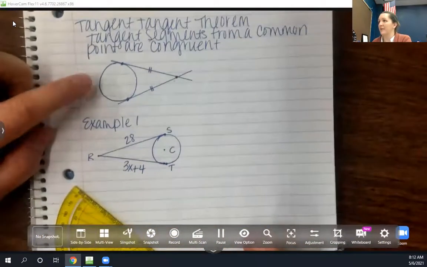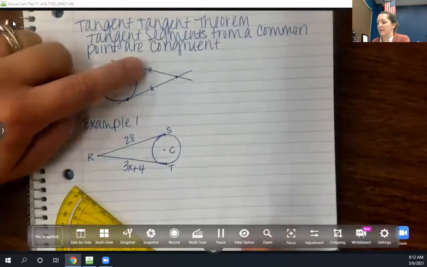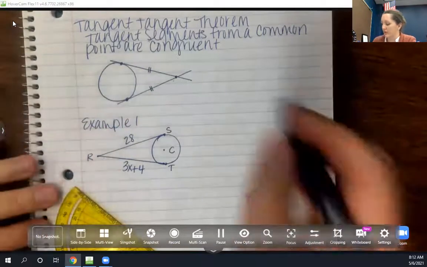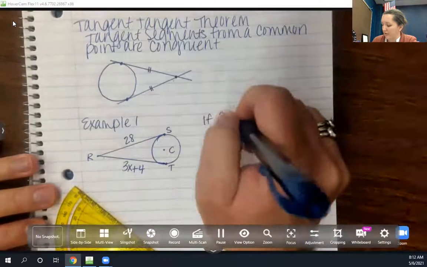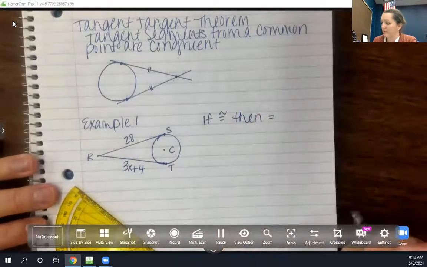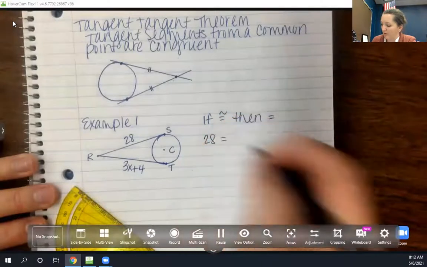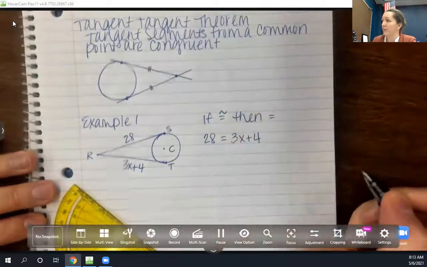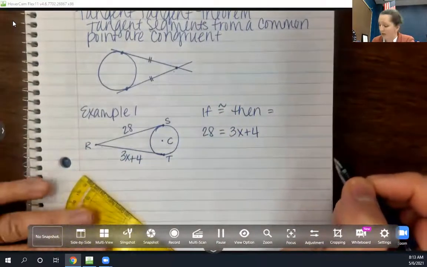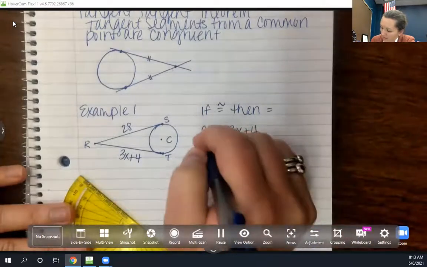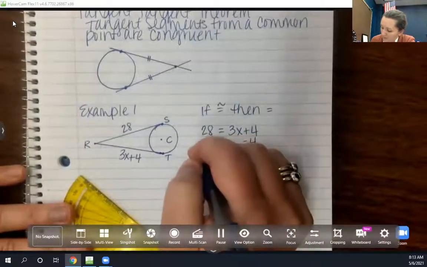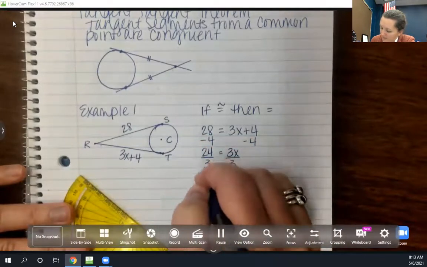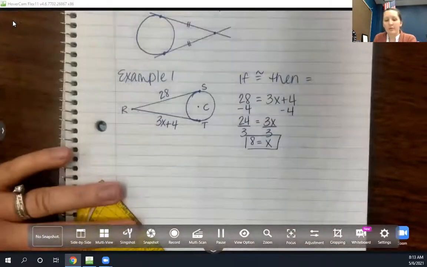Because of my tangent theorem, I know that my tangent segments from a common point are congruent, right? So if they are congruent, then they have equal measure. So that's how we can set up our equation: 28 equals 3x plus 4. Now let's go ahead and solve. If I wanted to find the value of x, I'm going to subtract 4 first. So I have 3x equals 24, divided by 3, and x equals 8, right? All right, let's try another example.